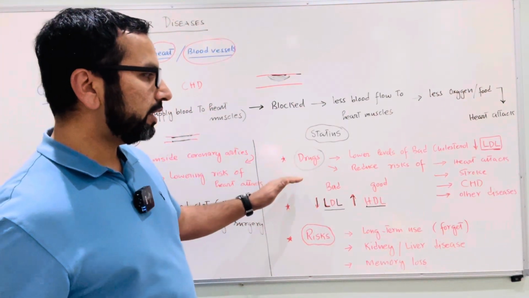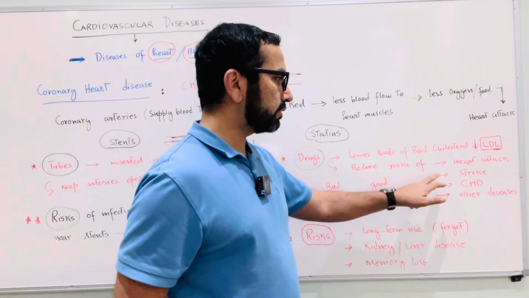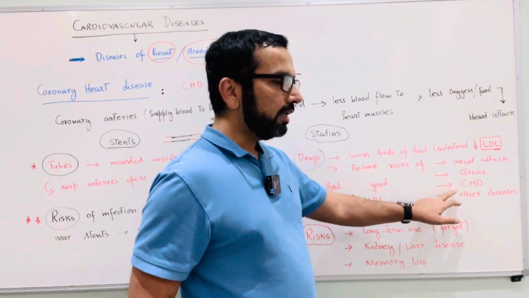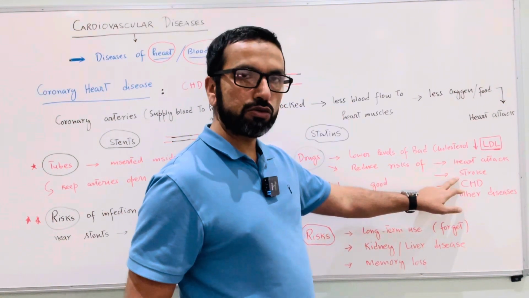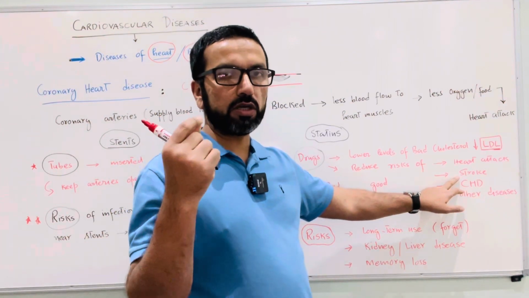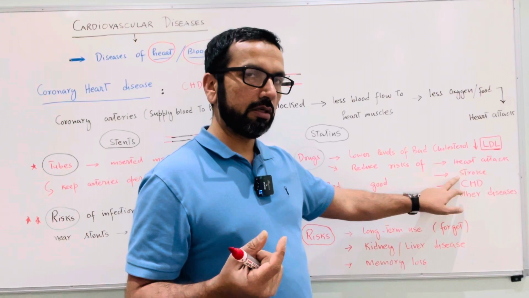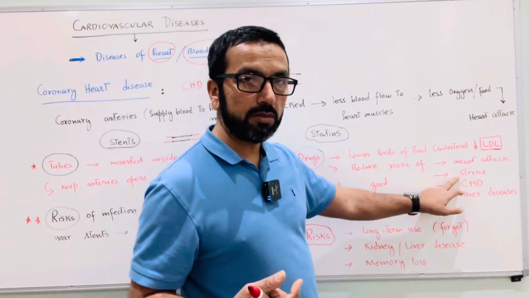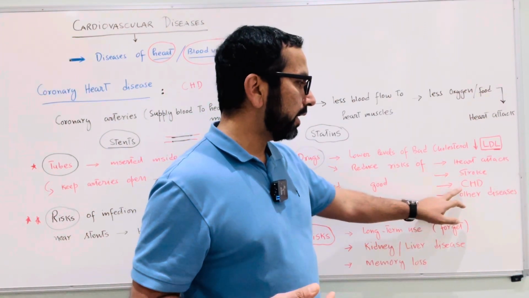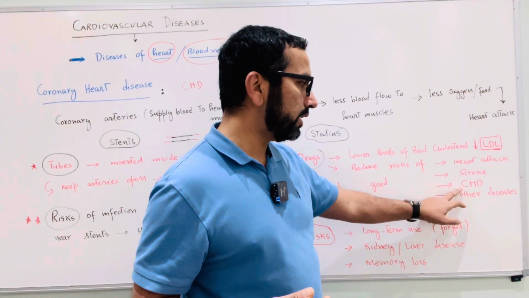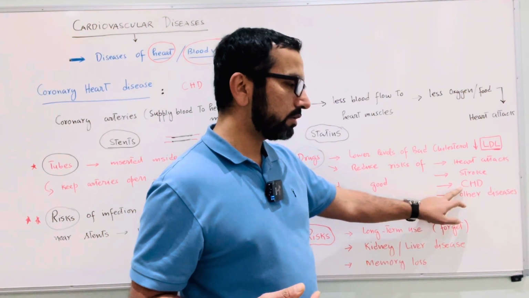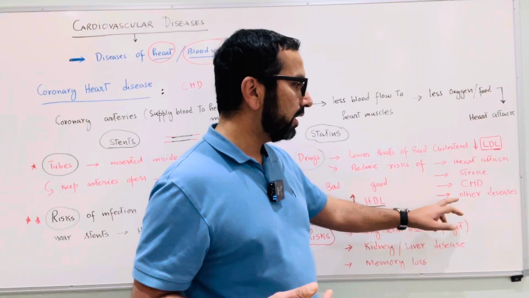There are other benefits as well. These reduce the risk of heart attack and the risk of stroke. Stroke means there is a blockage or rupture of an artery inside the brain. And obviously they reduce the risk of coronary heart disease.